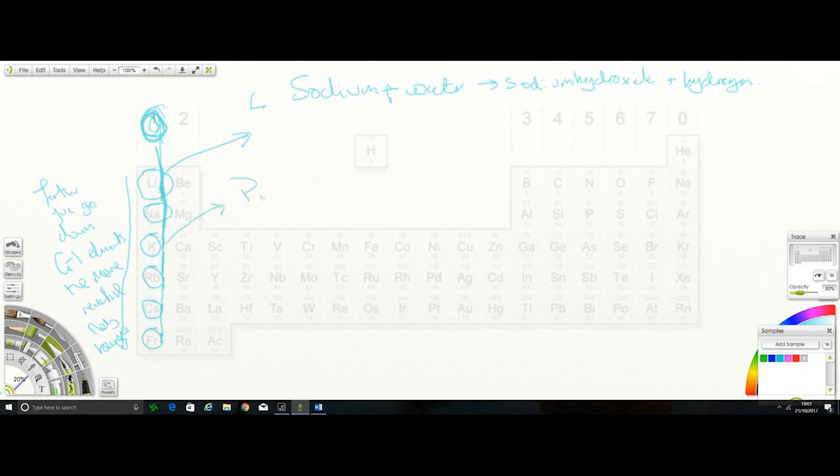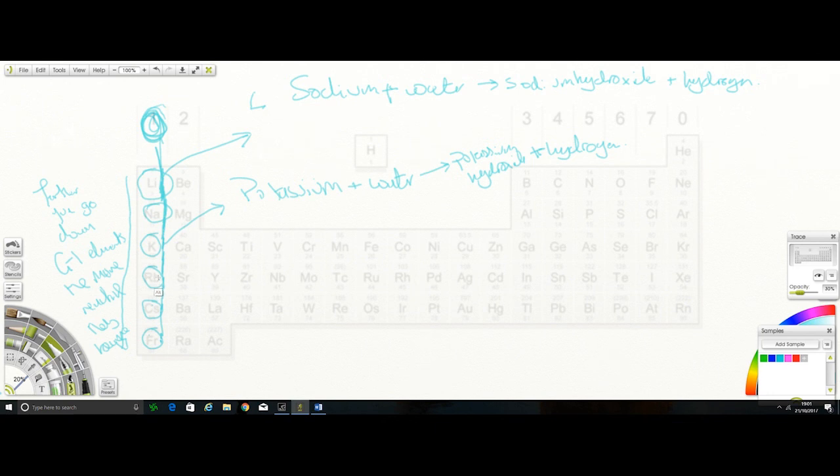So it's potassium plus your water, because that's what you're reacting together, which is going to make potassium hydroxide plus your hydrogen gas. You can go down, and the formula for each one of these in group 1 would be exactly the same, right? So that's that.